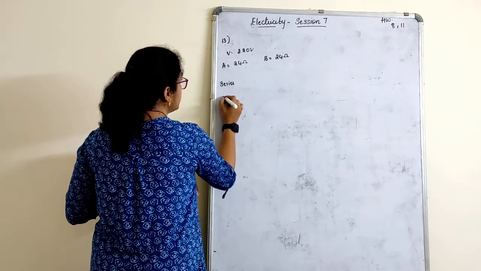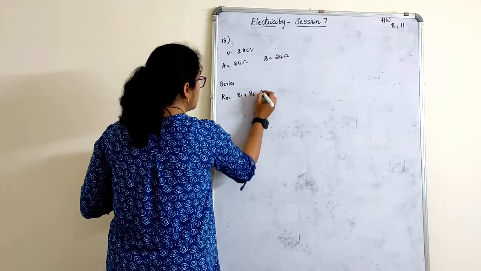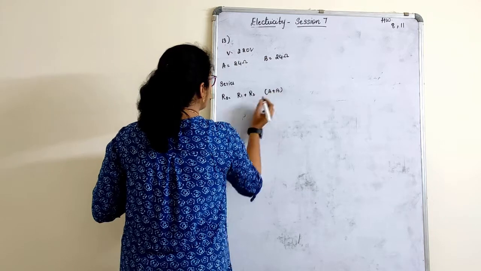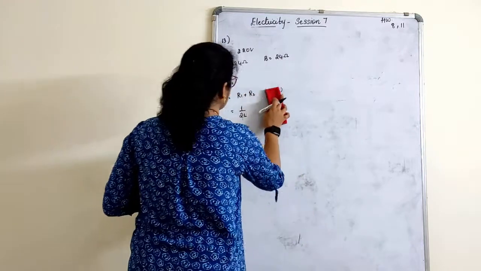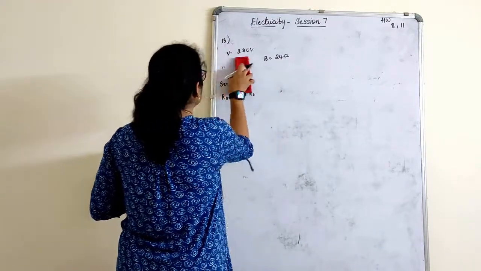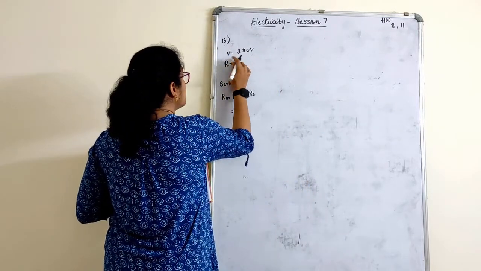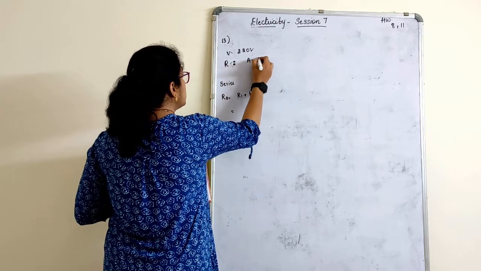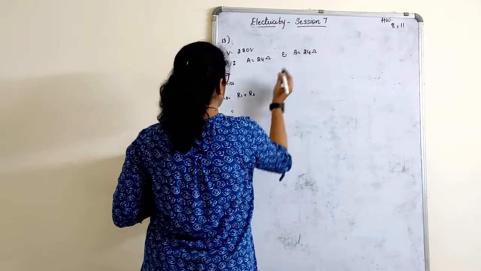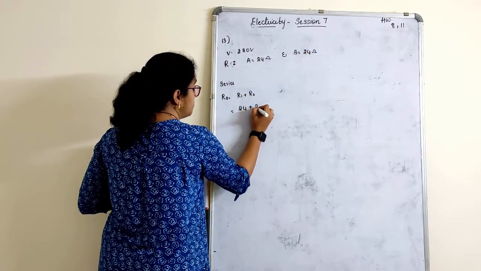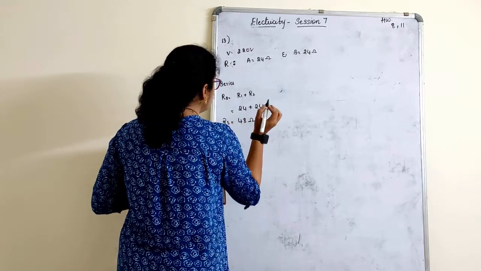If it is in series, then Rs is equal to R1 plus R2, that is A plus B, where A is equal to 24 ohms and B is equal to 24 ohms. So 24 plus 24 is 48 ohms.